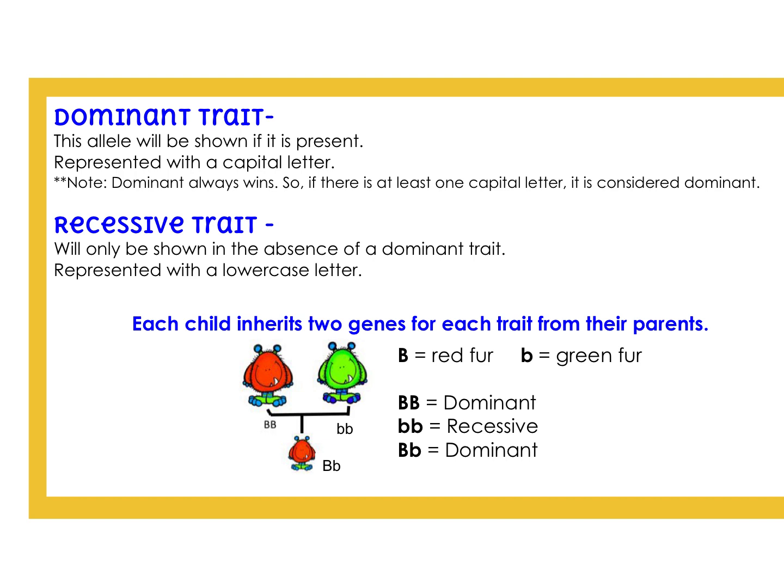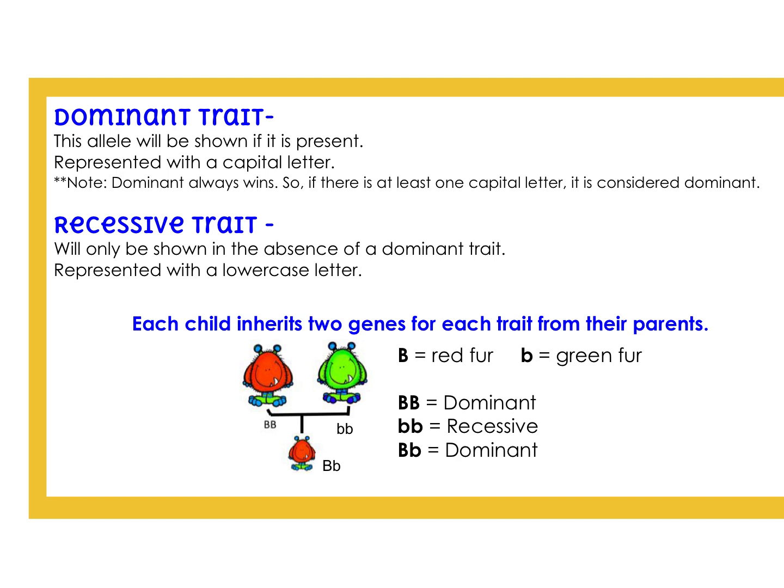with a lowercase letter. So down here, we see two aliens, and each child inherits two genes for each trait from their parents. You can see the one on the left has red fur, and the one on the right has green fur.